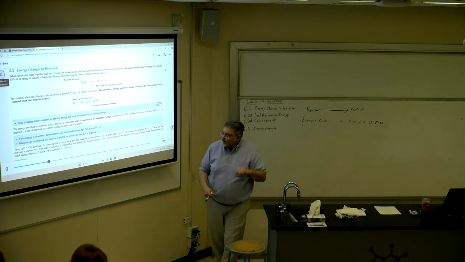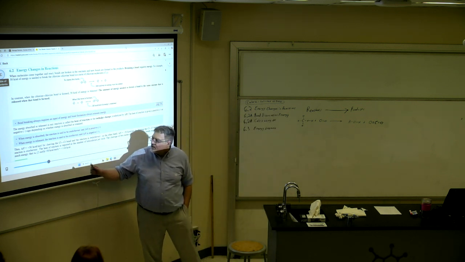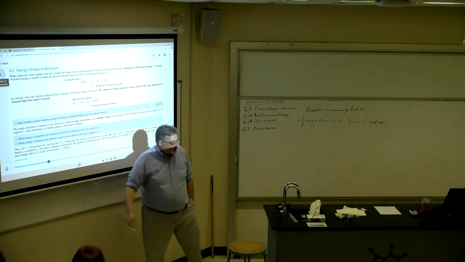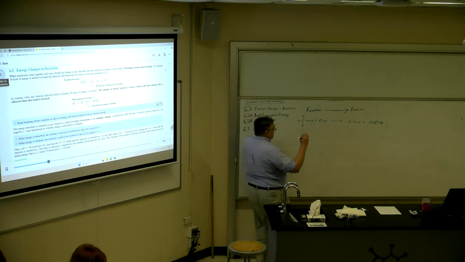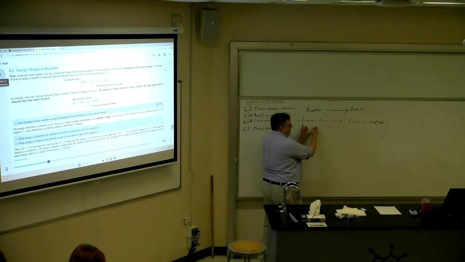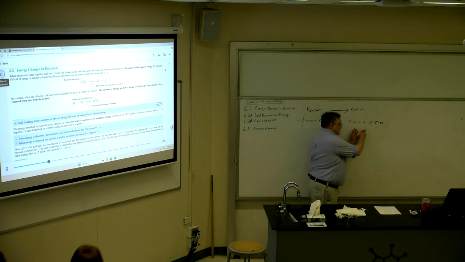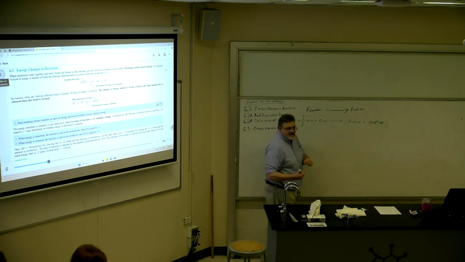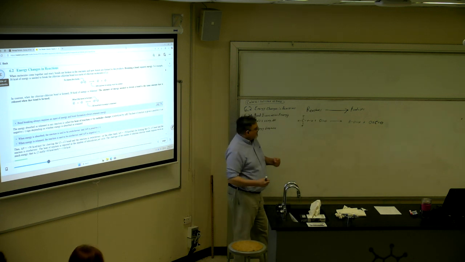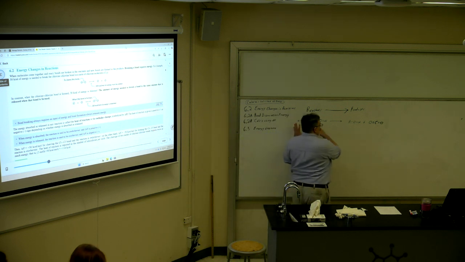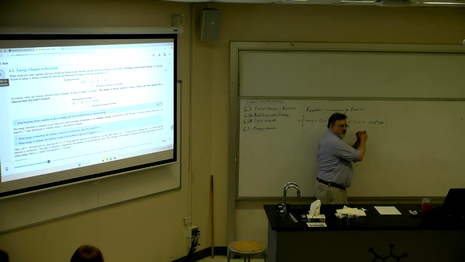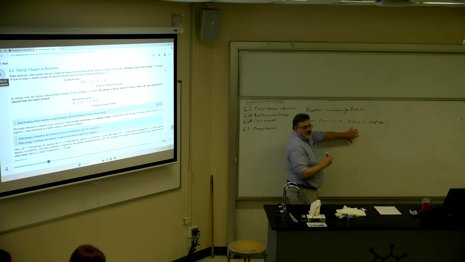I'll say this, but it'll make more sense when I go forward. It says when energy is absorbed, what I just described here, energy is absorbed. And then over here, energy is released, but it's not the same amount of energy. Sometimes lots of energy goes in here and only a little energy comes out here, meaning some energy stays in there.